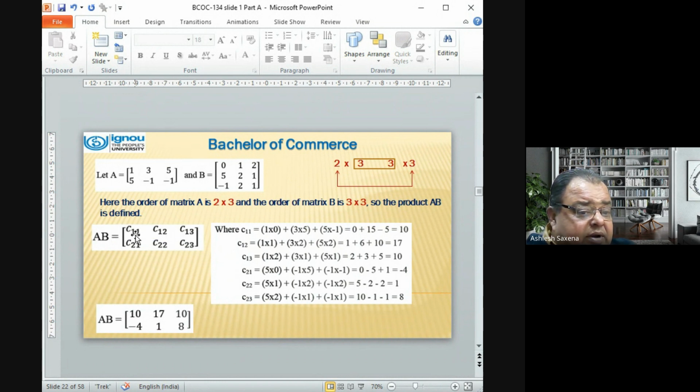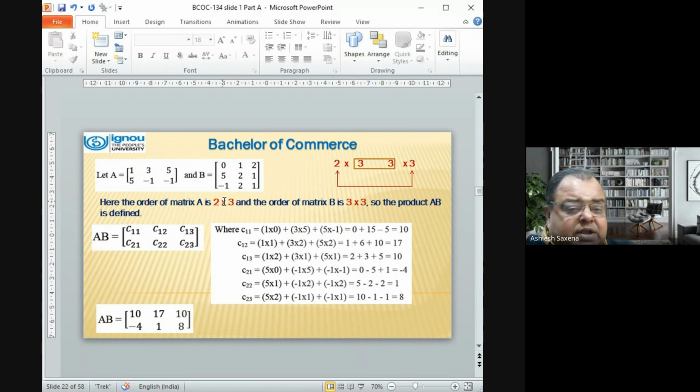Now this is C11. I will just put the value over here. C12 means first row, second column. 1 into 1 plus 3 into 2 plus 5 into 2. It will be 1 plus 6 plus 10.